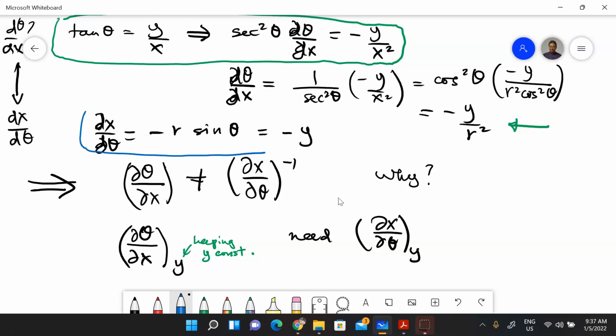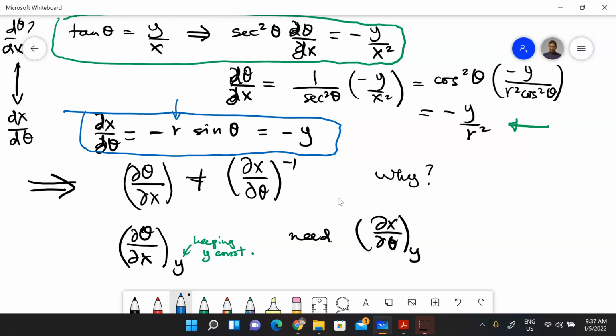Here, what is kept constant over here? The one being kept constant is r. So it's not y being kept constant. So we need to find this partial derivative with y kept constant.